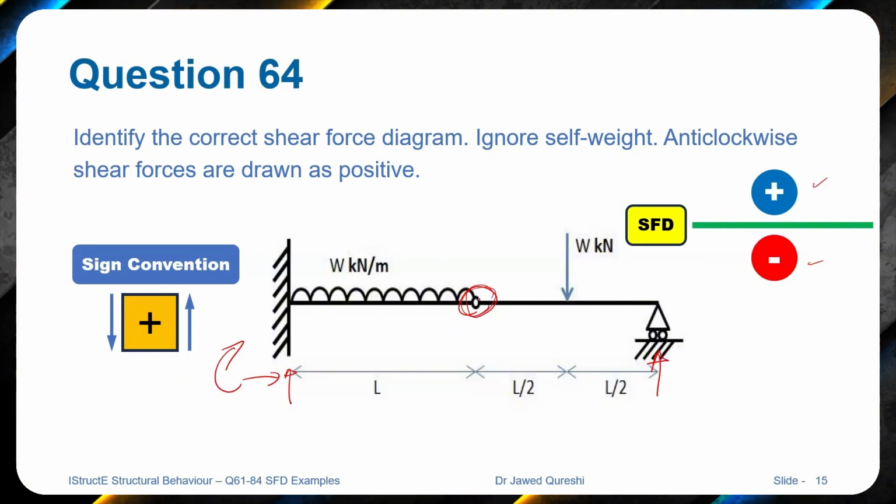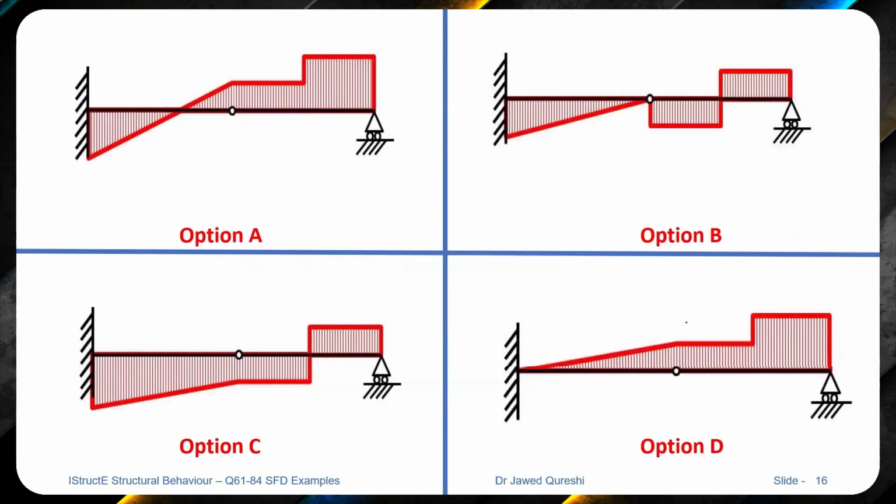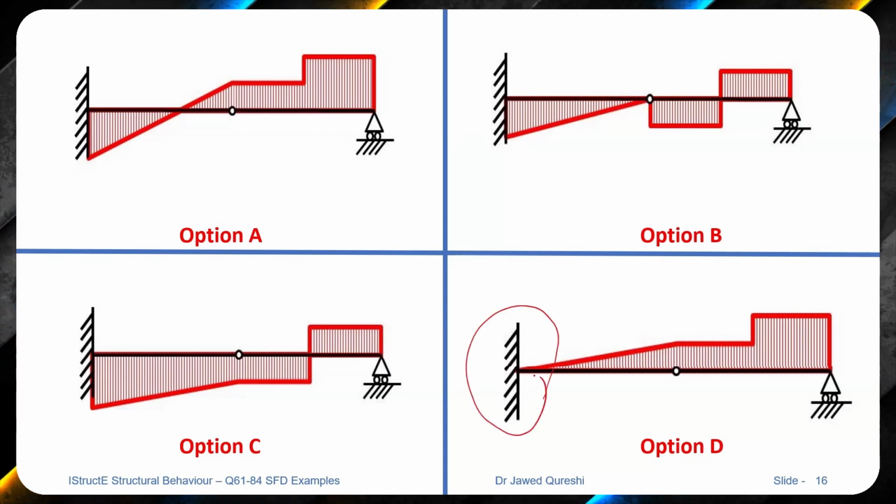Let us now see what options we have, and we have these 4 options to choose from. Looking at the options, it's difficult to say which option is correct, and certainly option D may not be right, because it is saying we have 0 reaction over here. 0 reaction is not possible.